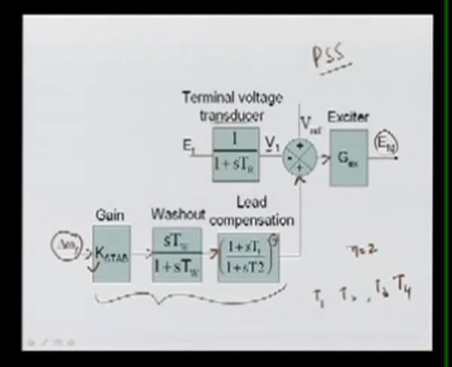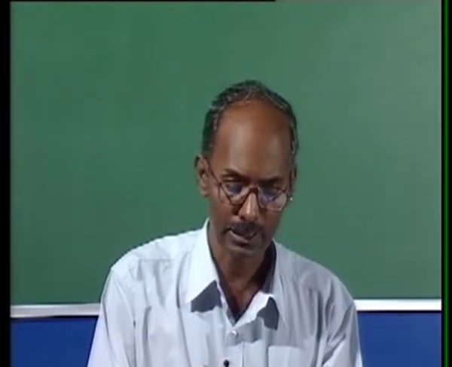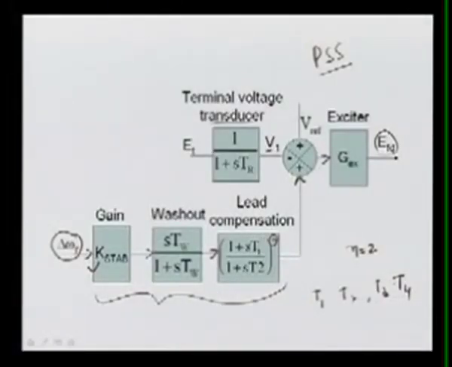So we have to get the gain as well as the various time constants required for proper use of this stabilizer. Basically, these stabilizers are used to improve the small signal stability of the system.